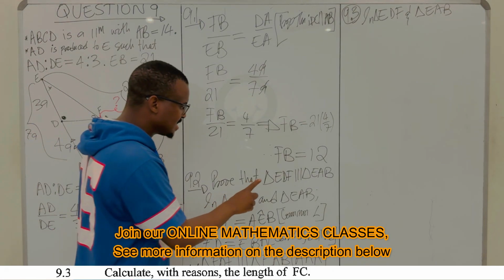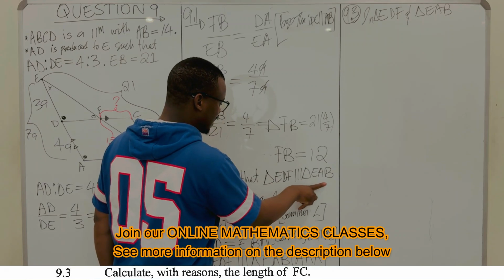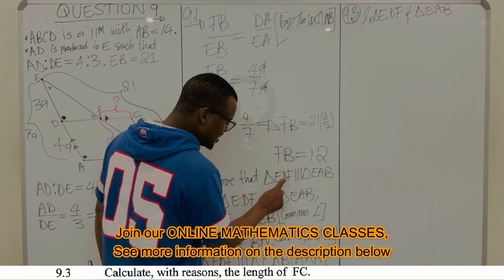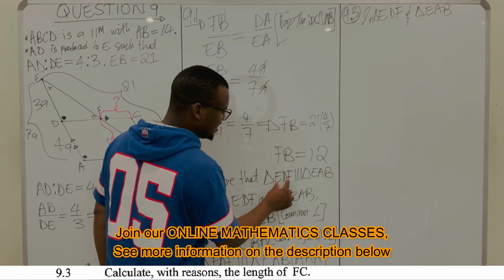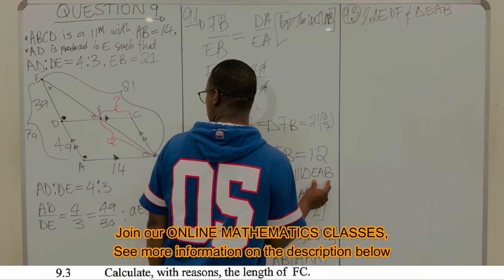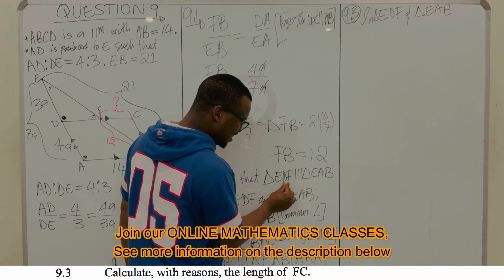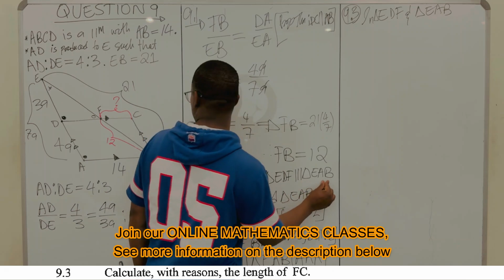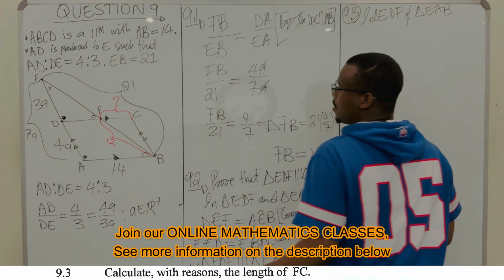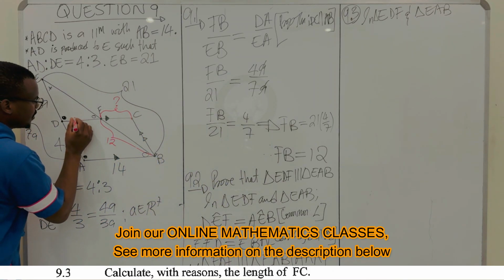Because we said that these two triangles are similar, which means your EF on the small triangle corresponds to EB on the bigger triangle, and your DF on the small triangle corresponds to AB on the bigger triangle.